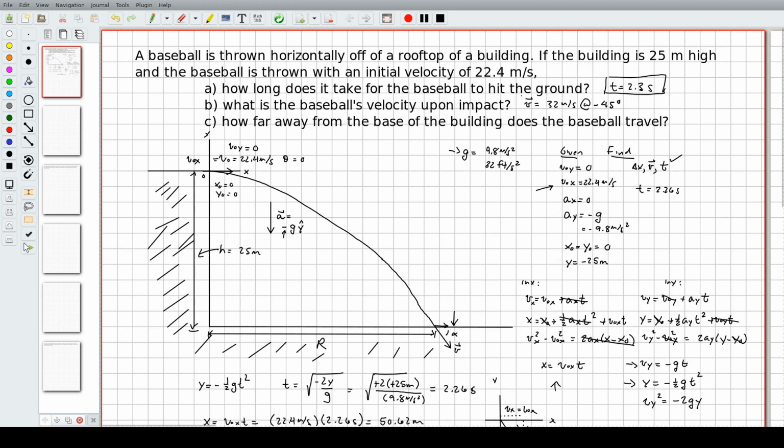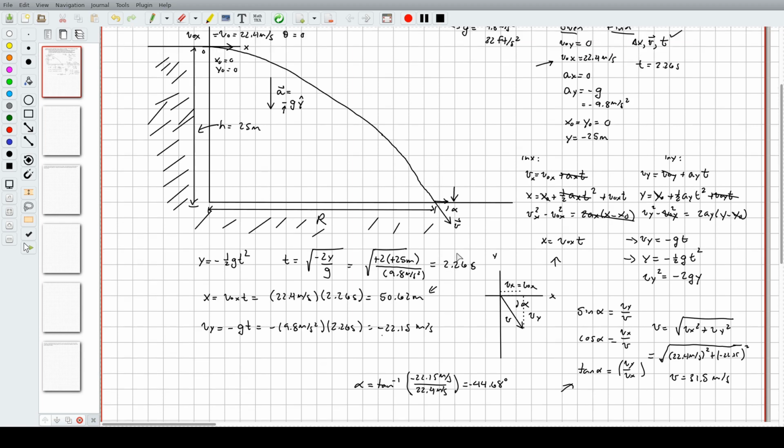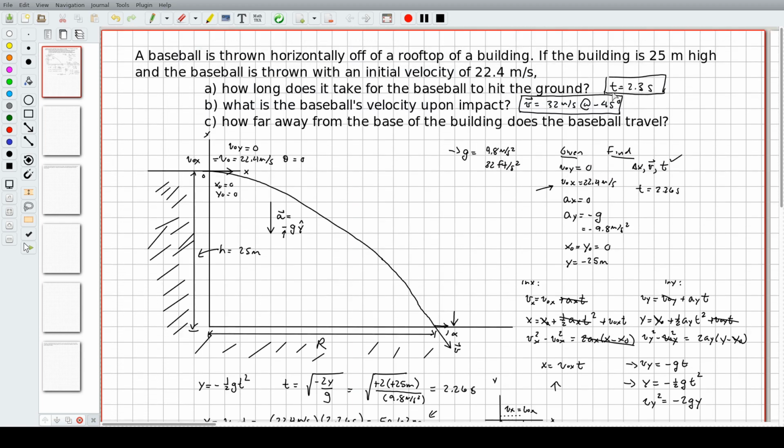Okay. So there's that one. How far away from the base of the building does the baseball travel? That's this right here, rounding it to 2 sig figs, 51 meters. Okay, so there you go.